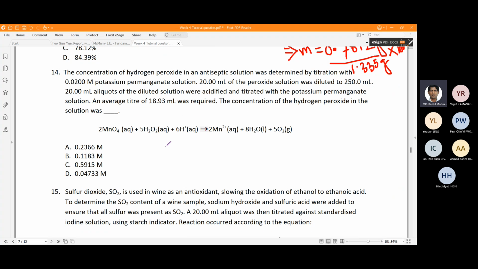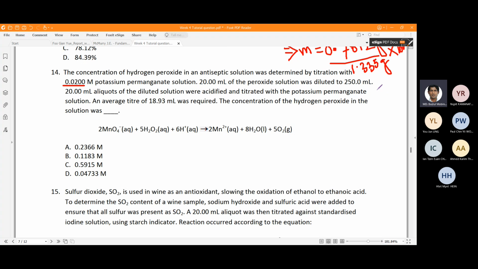Now I'm moving to question number 14. The concentration of hydrogen peroxide in an antiseptic solution was determined by titration with 0.02 molar potassium permanganate solution. 20 milliliter solution was diluted in 250 milliliter. Already you know that it is 250 over 20.